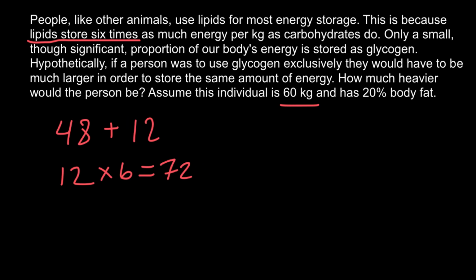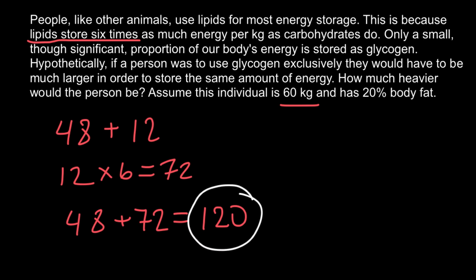So our final answer: 48 would be the body weight without fat. If we want to substitute all the fat with glycogen, we have to add 72 more kilograms of glycogen, and the body weight of such a person would double and would be 120 kilograms.